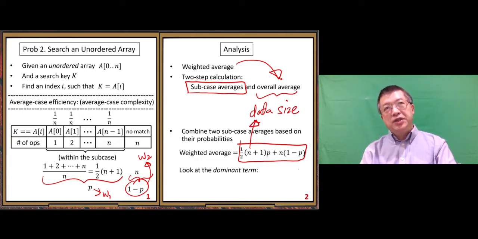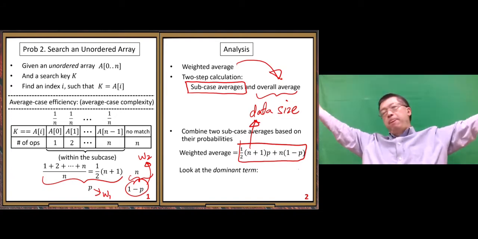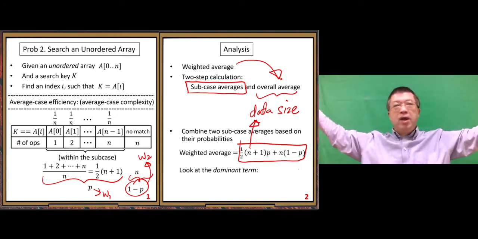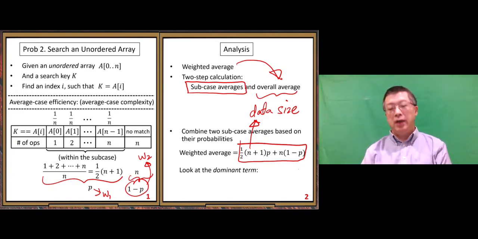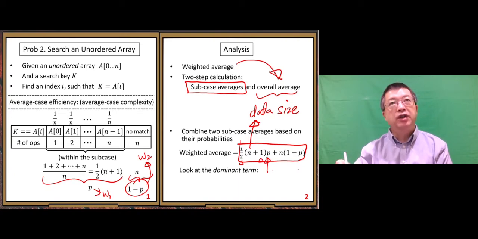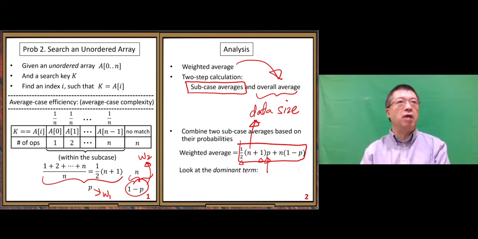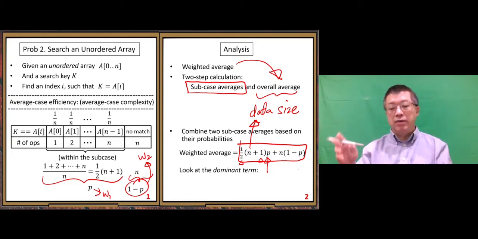Since it is the data size, it could be a large number, 1 billion, all possible. Then for other numbers, 1/2, 1, and even this p, after it is given, it is fixed. So we treat it as a constant number. All other numbers are constants.